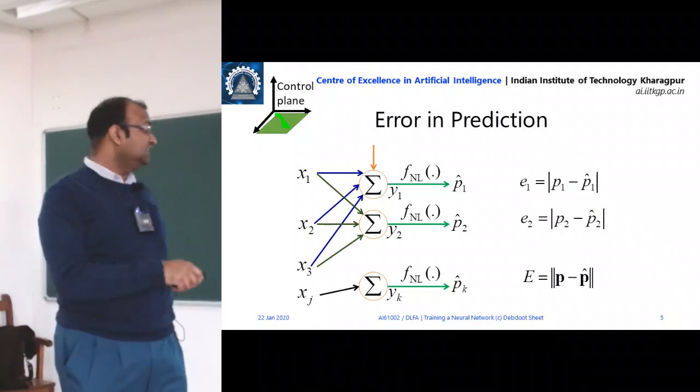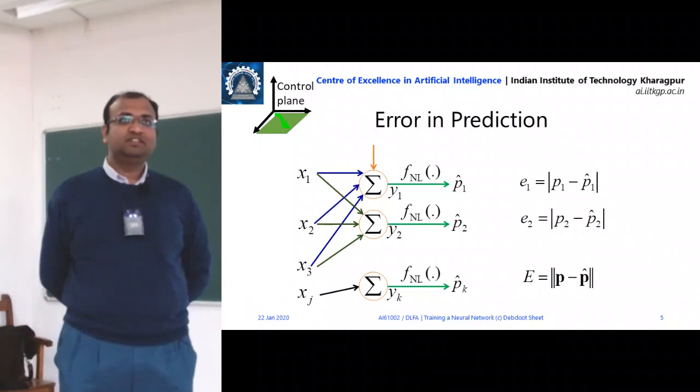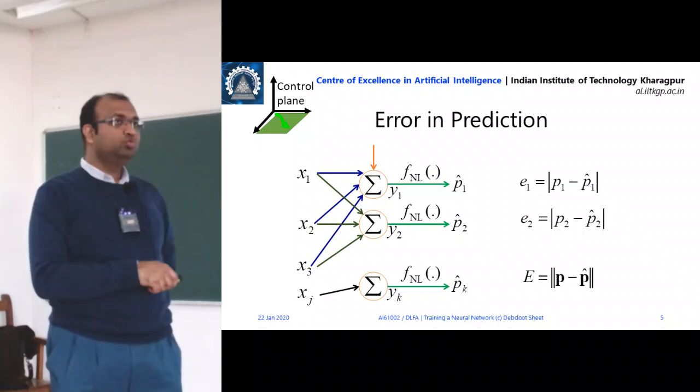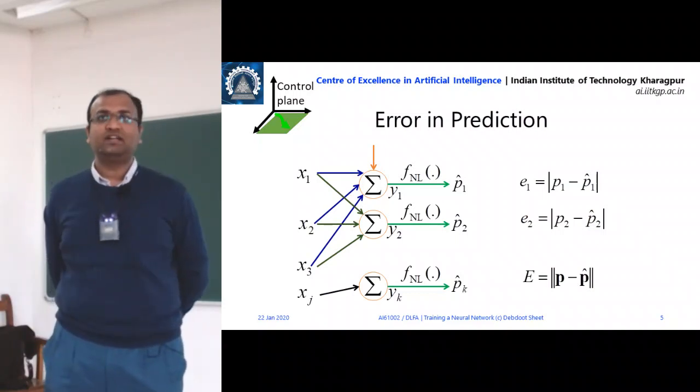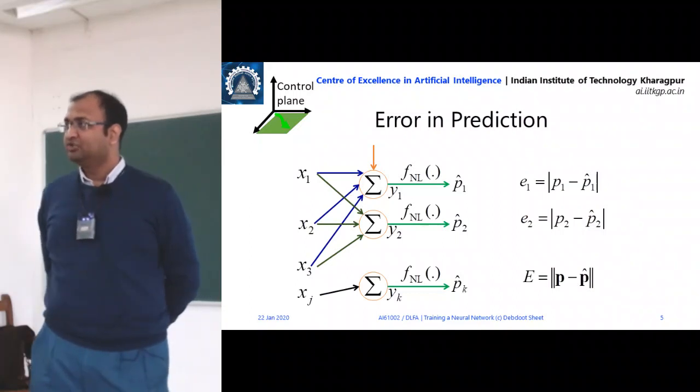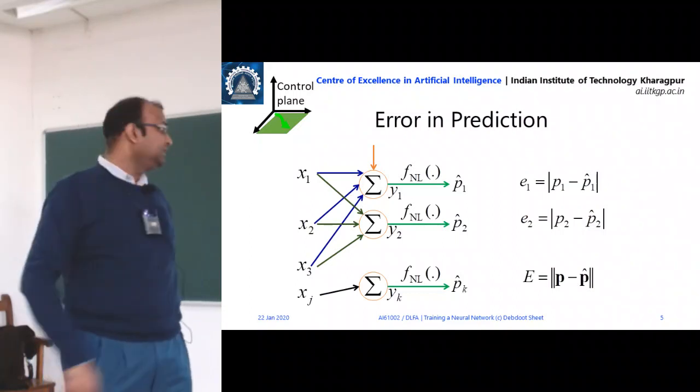So essentially this is the probability that the number is 0 given a particular input x. The second one, P2 hat, is essentially the probability that the number is 1 given the input is x. So this is what you are essentially going to find out. So these become your probabilities.